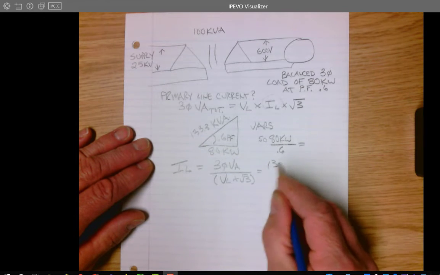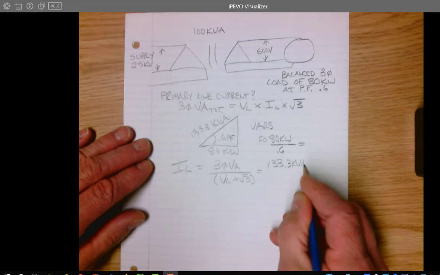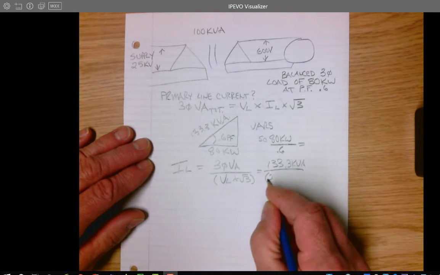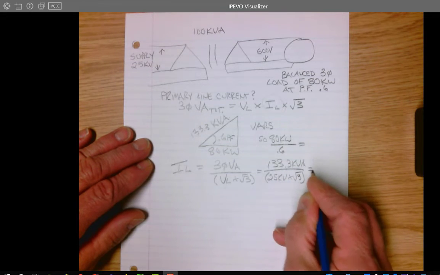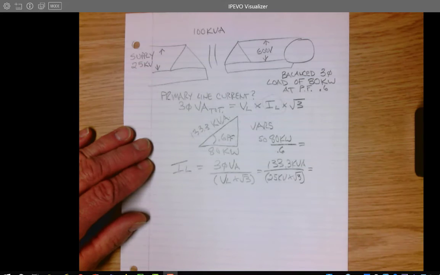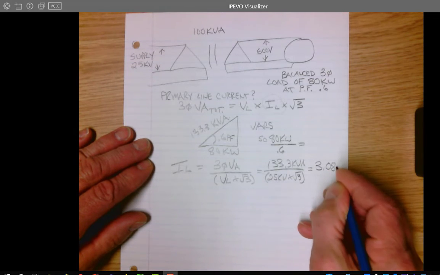So 133.3 kVA divided by 25 kilovolts times root 3 should give me a line current of 3.08 amps.